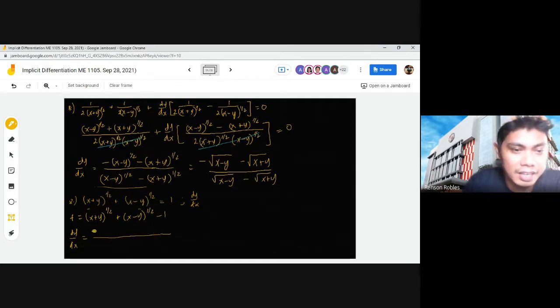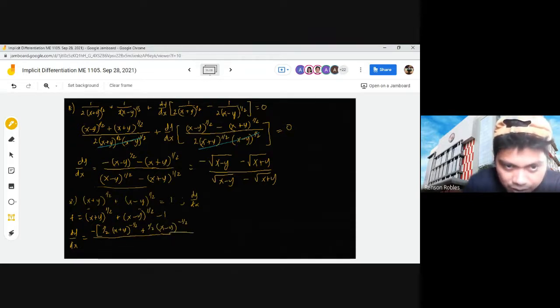Then negative derivative of this in terms of x: 1/2 times x plus y raised to negative 1/2 times 1, then plus 1/2 times x minus y raised to negative 1/2 times 1, since you are differentiating in terms of x, okay?